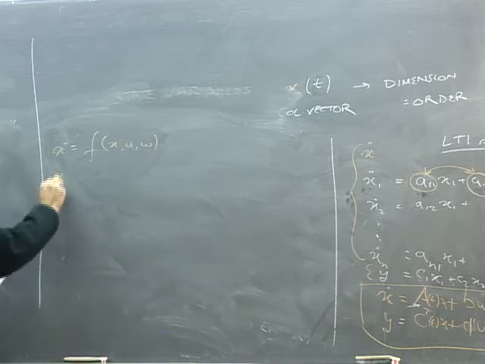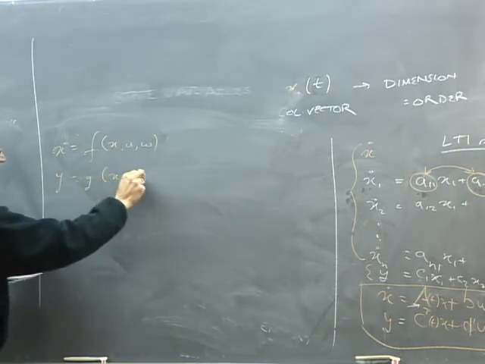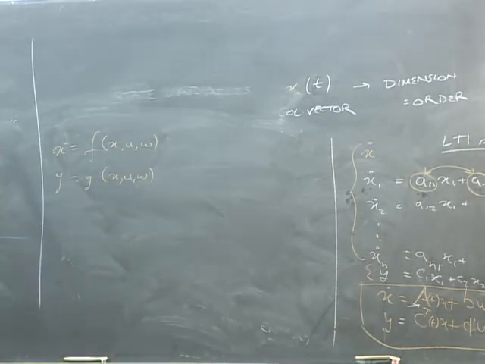And similarly, y would be some g of x, u, w. Then this is any old system. All we've done is pull out x as a state variable and y in the output equation.